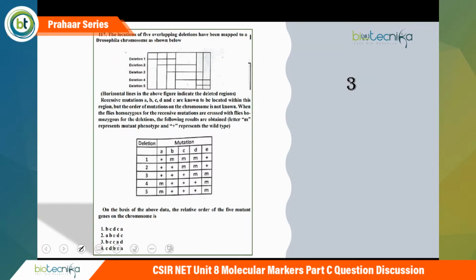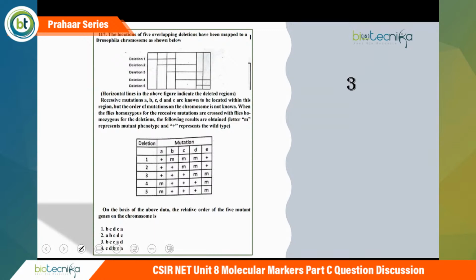Horizontal lines in the above figure indicate the deleted regions. So wherever the horizontal line is, that region is deleted. For deletion 1, this much segment has got deleted. For deletion 2, in this chromosome, this much segment has got deleted. Like that.